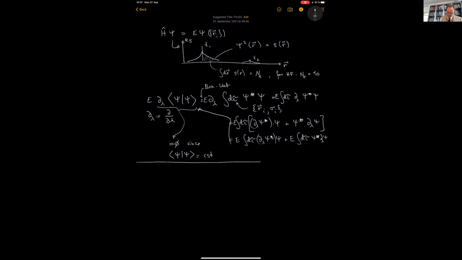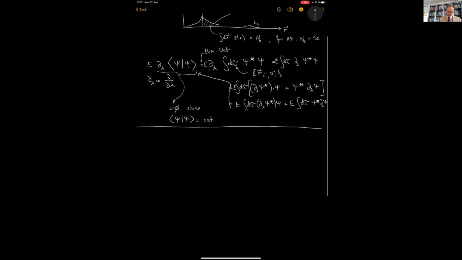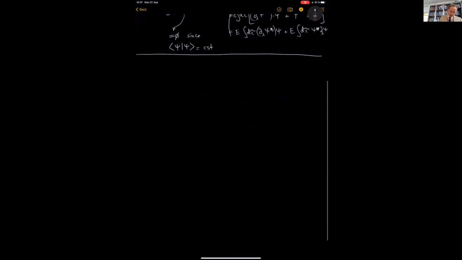Let me just briefly remind you, we had as a first chapter the introduction, which we just finished, and we would now like to move to the second chapter in this course.